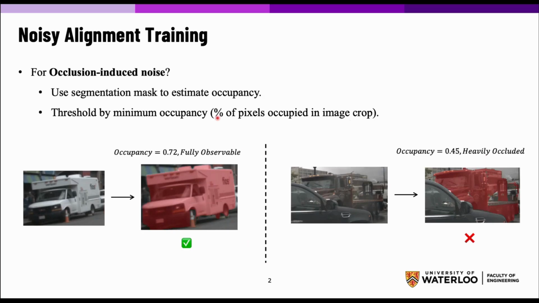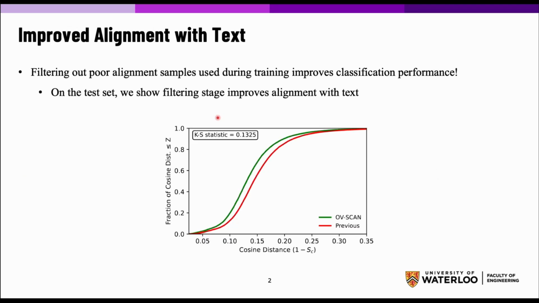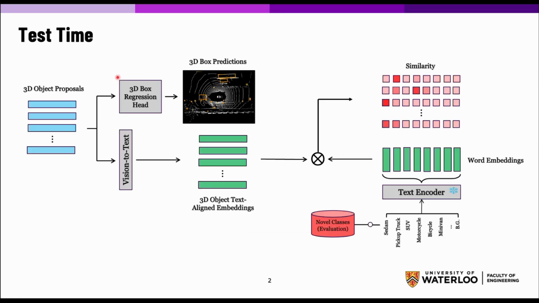So as a result of these two filters, we can actually improve our alignment. And basically, we show that filtering out these poor alignment samples actually improves our classification performance on the test set. So at test time, I mentioned before that we can actually use different novel classes.